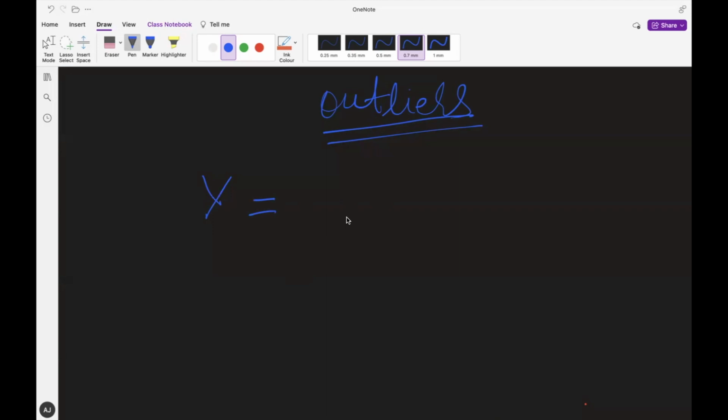Let's assume I picked a student and the height of the student is, let's say, 122.2 centimeter. Then I picked one more student whose height is, let's say, 146.4 centimeter. Let's assume I picked one more student who is 132.5 centimeter, and so on and so forth.